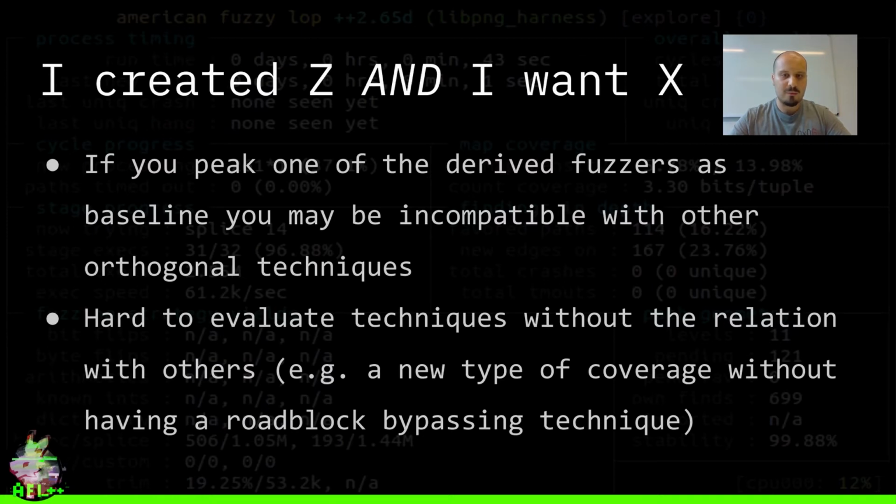For instance, if I implement a new type of coverage that better approximates the program state than code coverage, I may want to cross-evaluate it with different roadblock bypassing techniques, like Redqueen or Laf-intel that we have seen so far. If I have to implement my new technique on top of a lot of different fuzzers, this is of course a huge waste of time in terms of development of the technique.